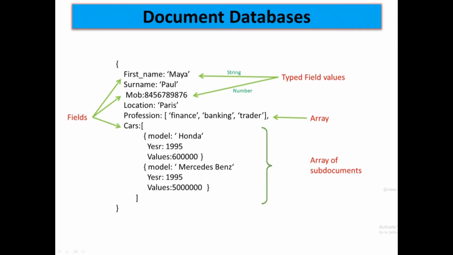You can store numbers, strings as a value, or you can store an array of values. Like here profession is an array which includes values finance, banking, trader. Here car is an array of sub-documents. So it includes sub-documents, and these sub-documents include key value pairs where the fields are model, year and their values.